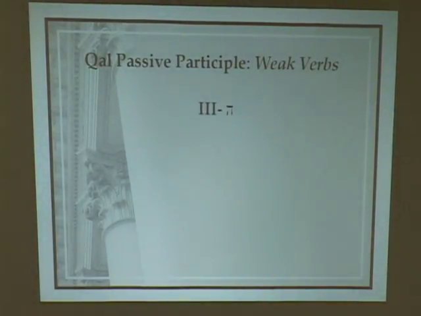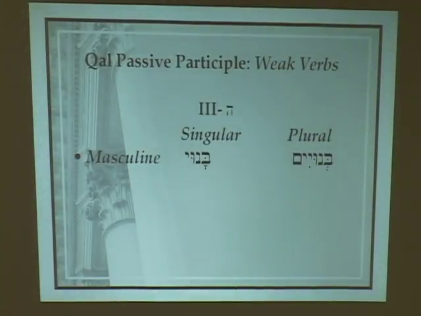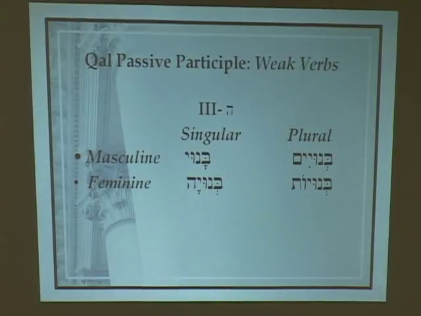We should note passive participles for weak verbs, third he. There are slightly different forms here. Banui. And look how it looks in the plural. Banuyim, with two yods.